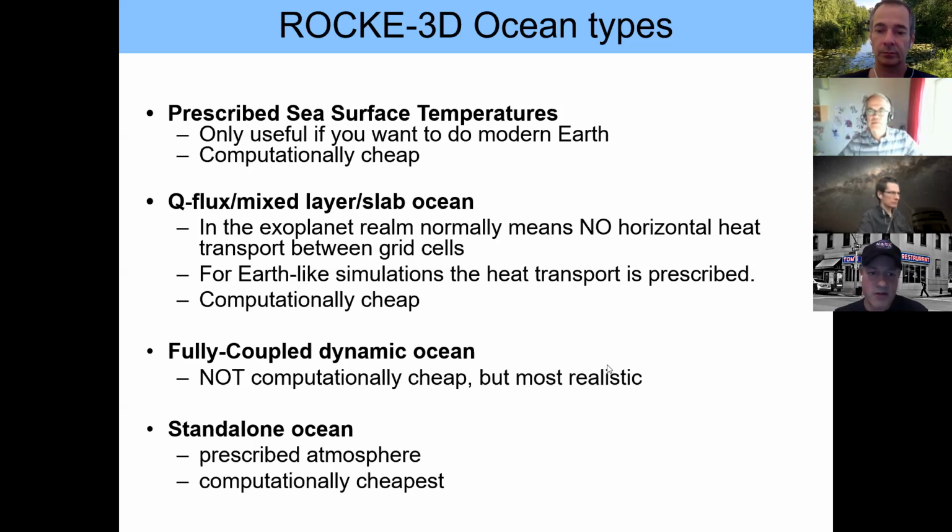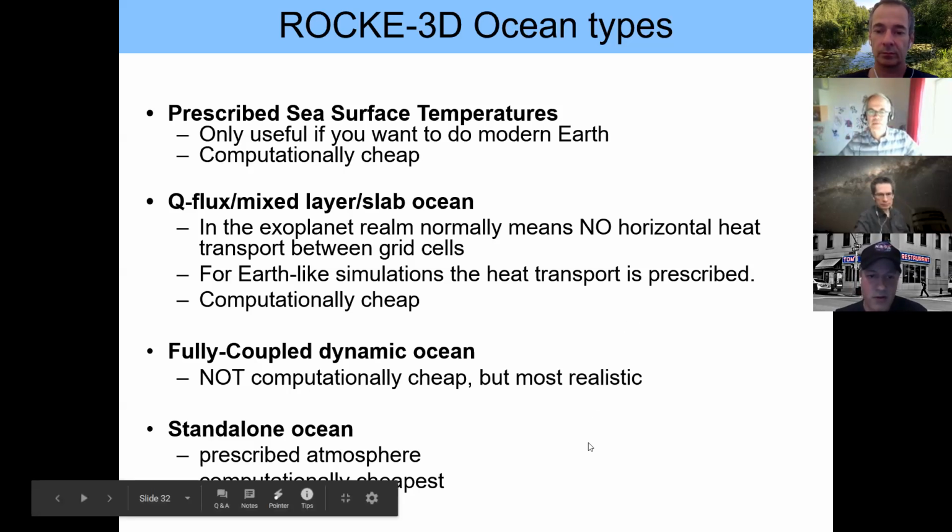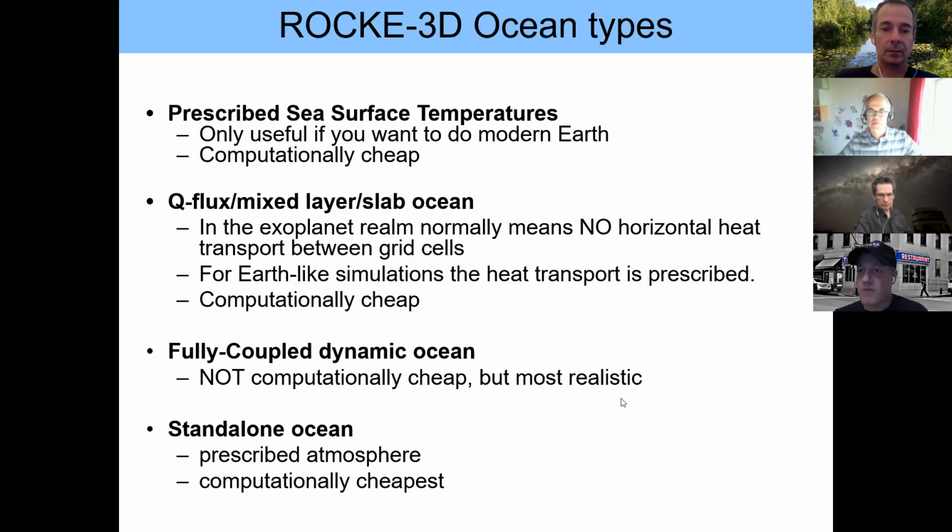The second point, the QFlux mixed layer slab ocean, is a second way of running a planet with an ocean, where we use a slab ocean model coupled with the atmosphere. Our global climate model is now coupled with a thermodynamical ocean instead of a fully dynamic one.